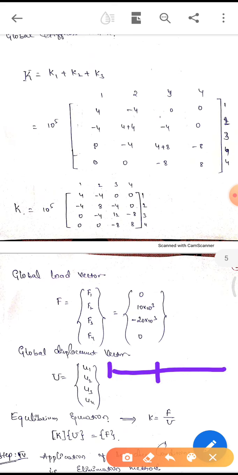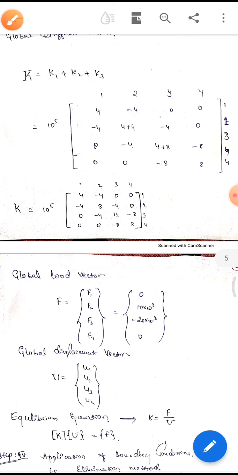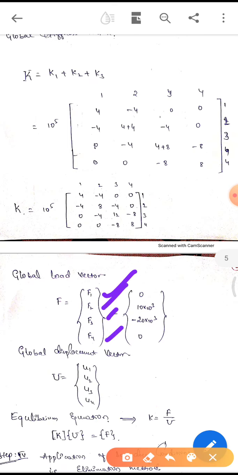Element 1, element 2, element 3, and each element is connected to 2 nodes. First element 1 and 2, second element 2 and 3, third element 3 and 4. Clear? So the force acting at the first node is F1, second node F2, third node F3, fourth node F4. That's what I have written, F1, F2, F3, F4.